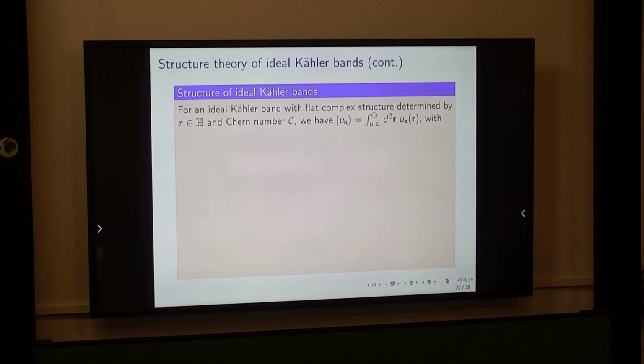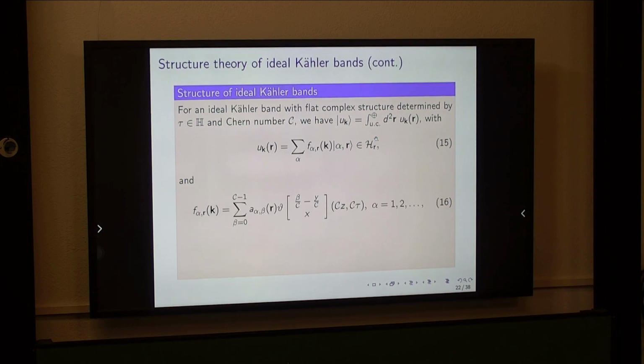For an ideal Kähler band with flat complex structure specified by modular parameter tau and Chern number C, we have this direct sum decomposition, a direct integral. And once you fix a basis of this Hilbert space H of R, then these f of alpha's are determined sections of these L sub R's, and they are of this form, with a possible residual dependence on R here.